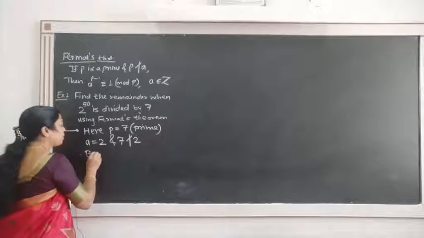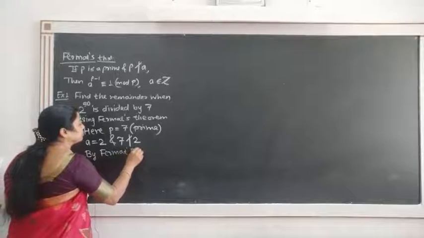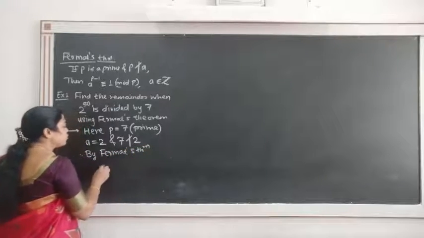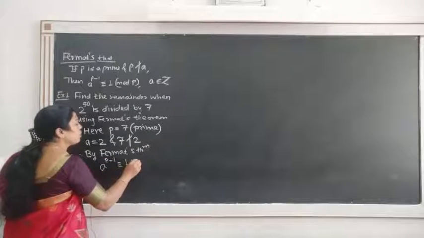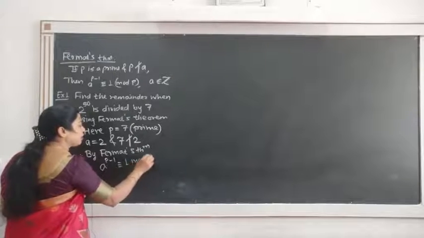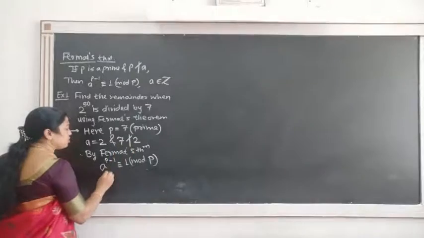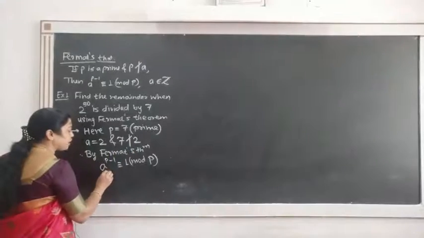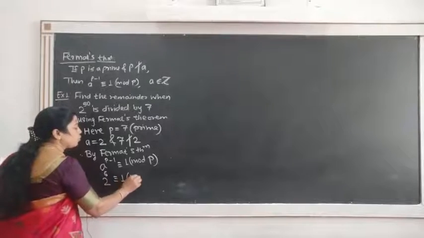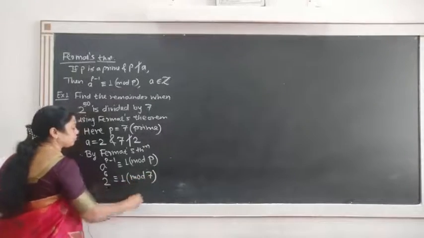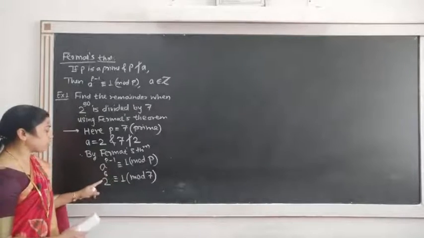So using Fermat's theorem, A raised to P minus 1 is congruent to 1 modulo P. That is, A is 2, P minus 1 is 7 minus 1, that is 6, so 2 raised to 6 is congruent to 1 modulo 7.